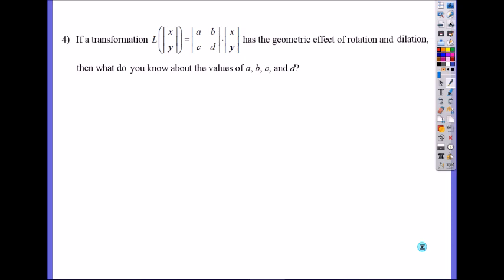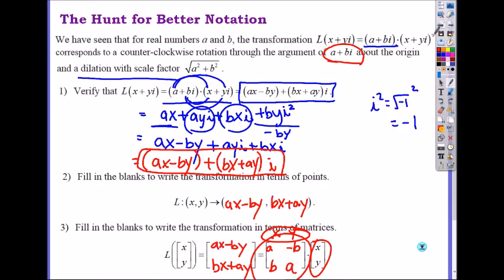So here, if you have a, b, c, d as a transform and it has the geometric effects of rotation and dilation, then what do you know about the values of a, b, c, d? Again, it should have a, these two are the same, and these two are opposite, right?